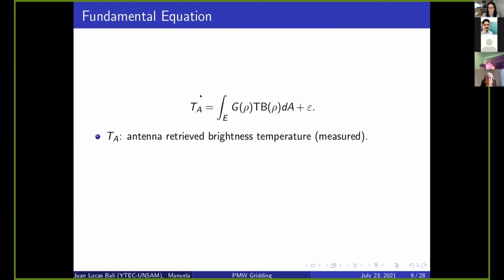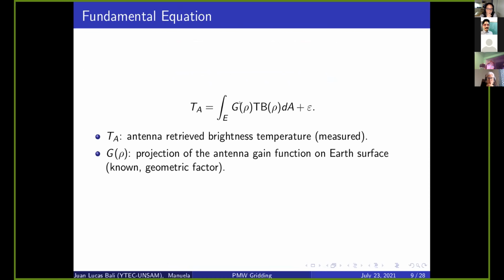Essentially, we have an equation for the antenna brightness temperature, TA, which is an integration over the Earth's surface of a geometric factor G, which is the projection of the satellite onto the Earth, times the brightness temperature of the land, times an area differential, plus an epsilon, which is an observational noise error term.